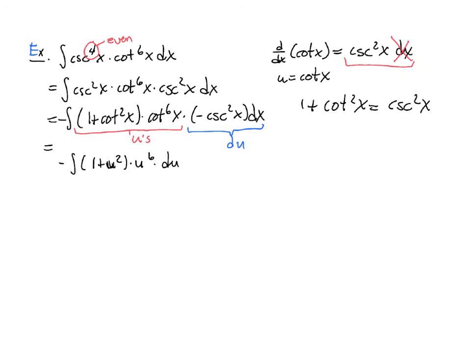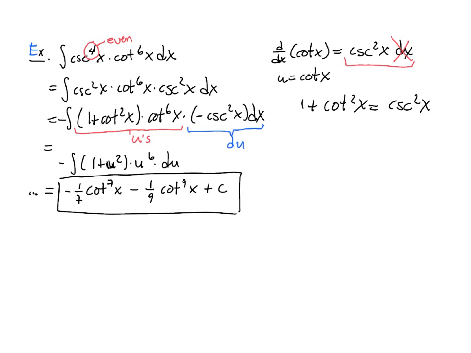Let me not go through all the steps of multiplying that out and taking the antiderivative. We end up with minus 1/7 cotangent to the seventh x minus 1/9 cotangent to the ninth x plus c. Okay.